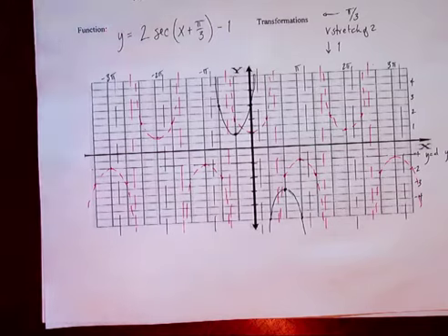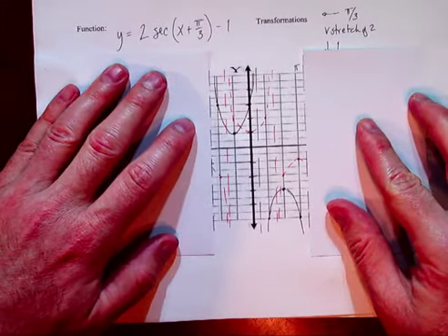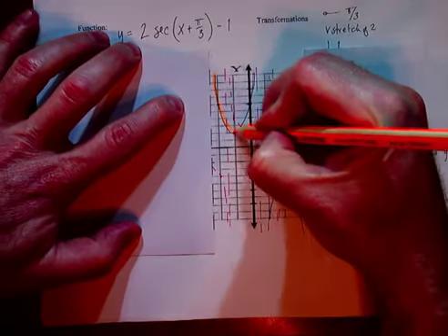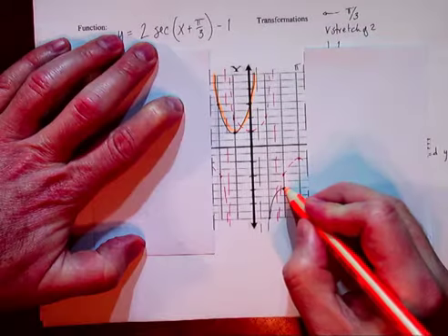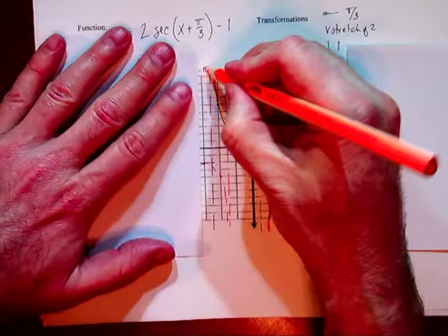Now, I have one full period right here. I have one full period. This right here, and now it's a little bit crowded, so that's why I like to use these highlighter pencils.